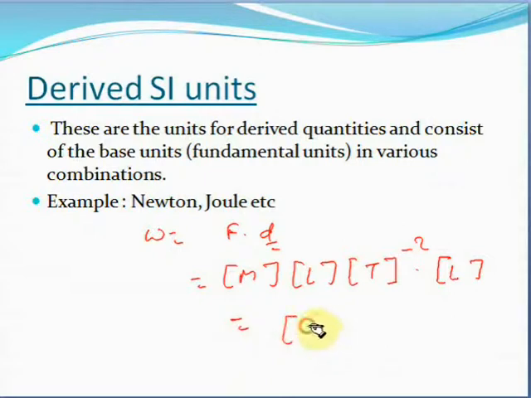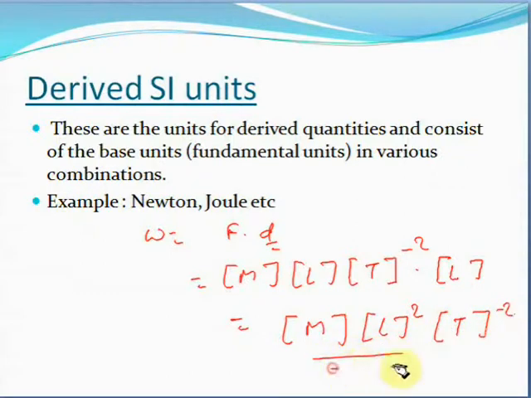So here we have the dimension of joule as M into L square into t to the power minus 2. So again we have a derived SI unit, in this case joule, the SI unit for work, and this derived SI unit can be expressed in various combinations of base units, in this case mass, length and time.